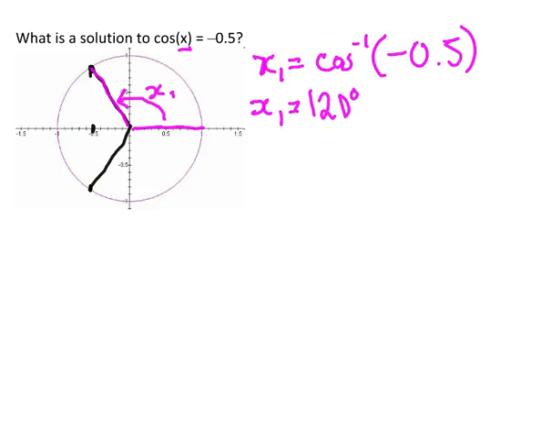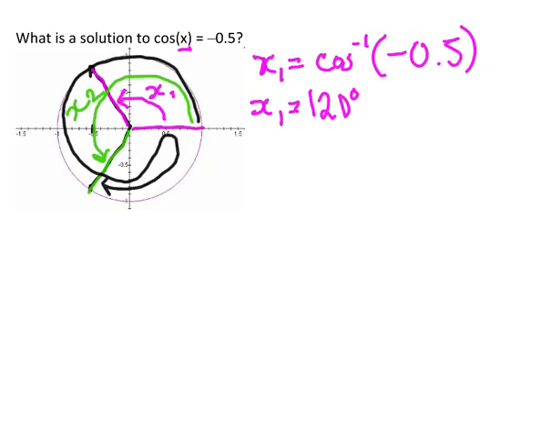To get x2, it's actually the same strategy as before. So x2 is going to be all the way around to here. That's the other angle. But to get there, we're going to be going all the way over to 360 and then back up by x1.